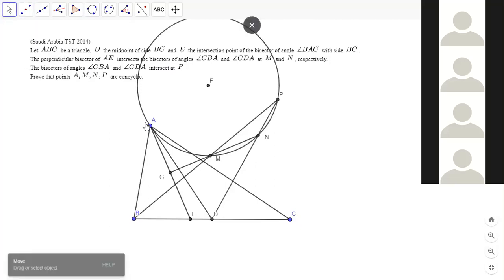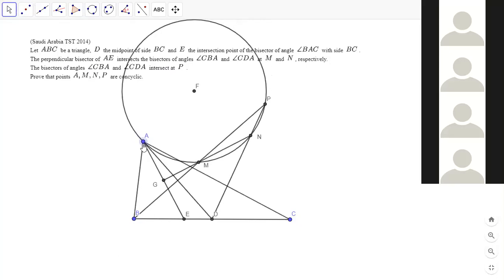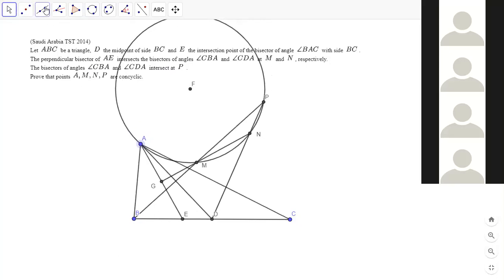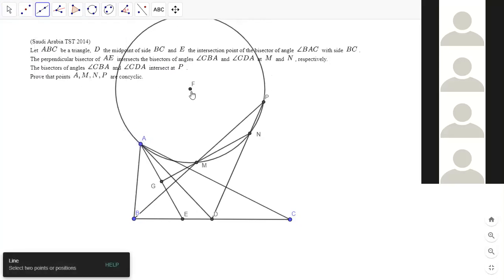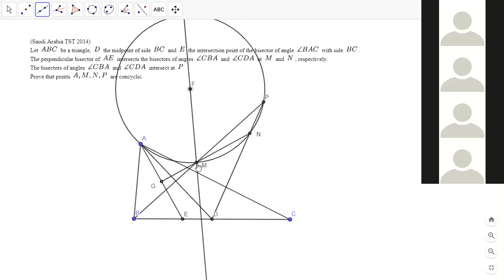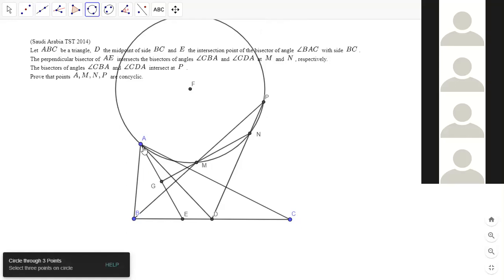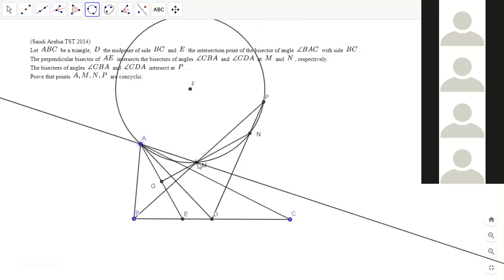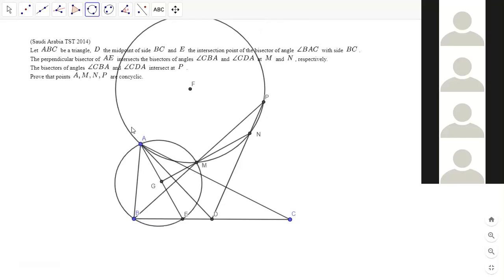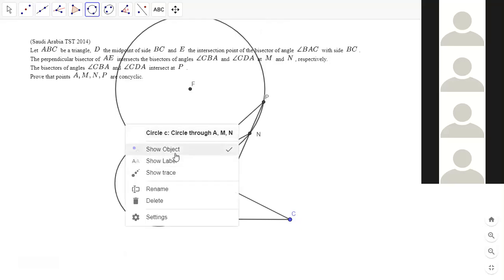Are F, M, and D collinear? We have AM, EB is cyclic. AM, ED? EB. AM, EB. Okay, that's probably a good way to start.